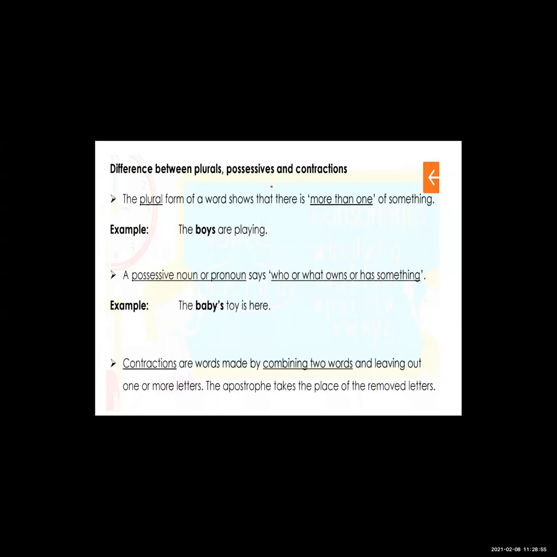Here there is a possession of the toy over the baby. So what does the possessive noun say? The possessive noun says that the owner of that toy is the baby. Okay, who is the owner? The baby is the owner of the toy. It shows the possession. So possessive nouns or pronouns say who or what owns or has something. Baby's toy.